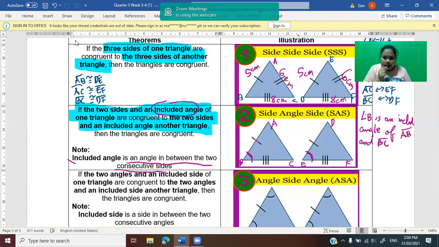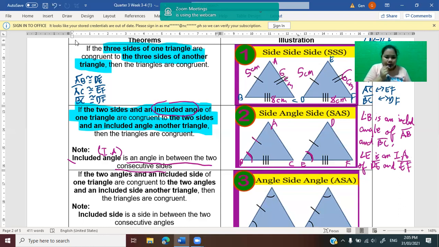Then angle E is an included angle of DE and EF. Maliit kasi ang space ko. Okay, so that's included angle.